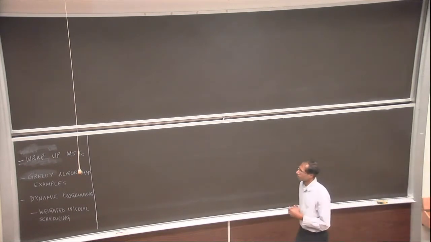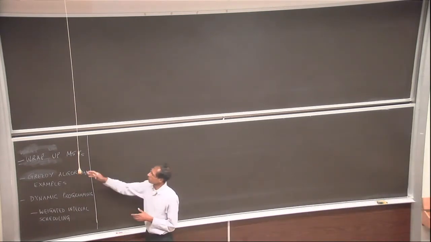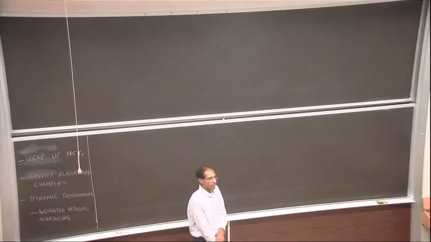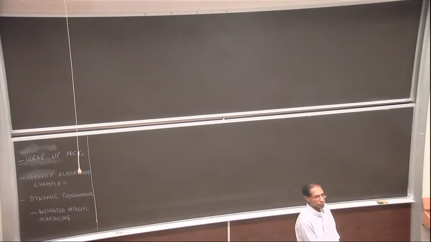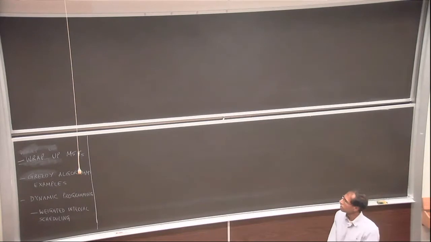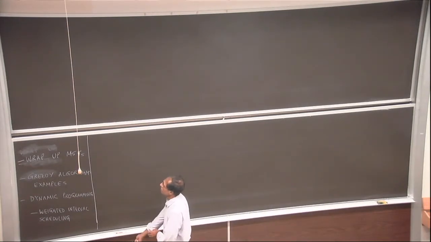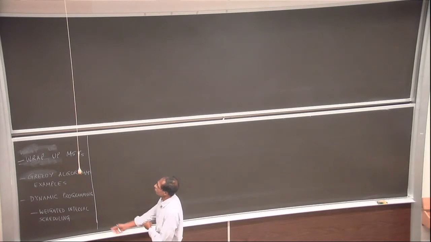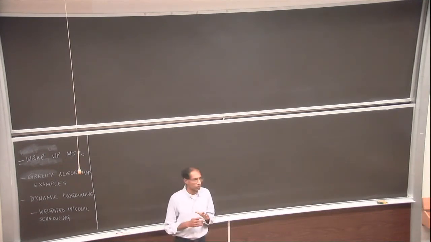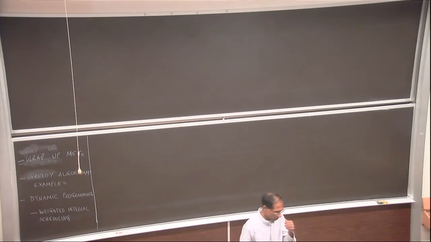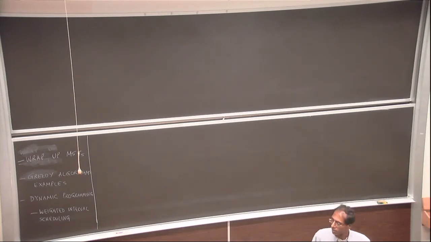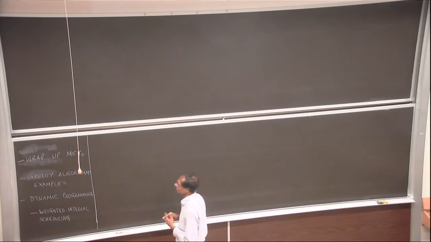So let's begin. Today we will wrap up our study of MSTs, and then we will do a couple of examples taken from the book about how to go about solving greedy algorithm problems.